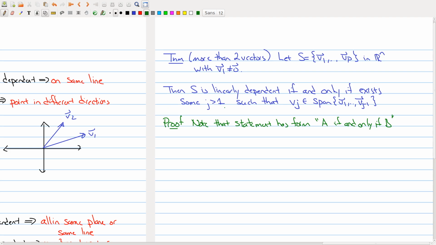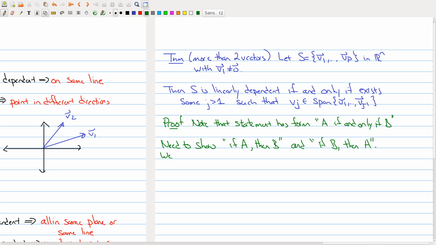And there exists some j greater than 1 such that Vj is in the span is the statement B. Right? So there's actually two things we need to prove. We need to show if A, then B, and if B, then A. Now, in the interest of time, I'm actually only going to show one direction.